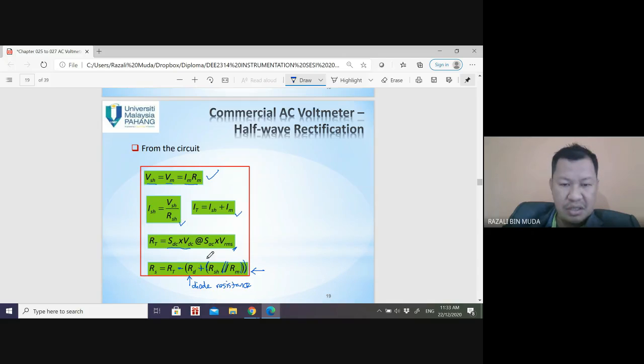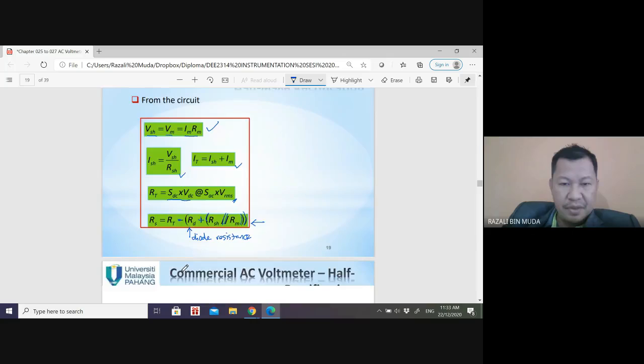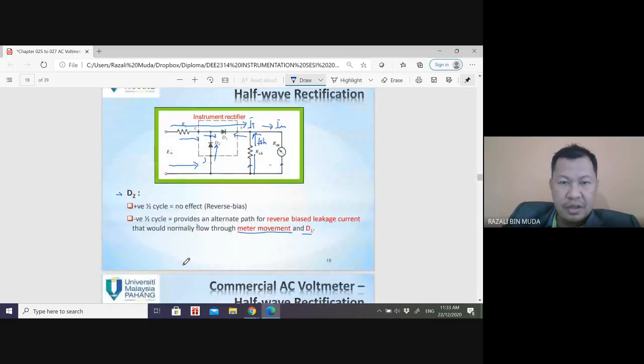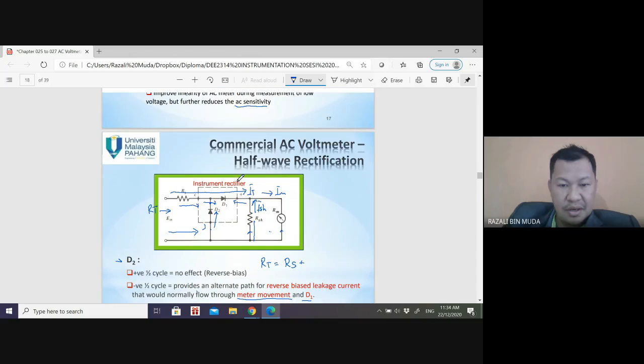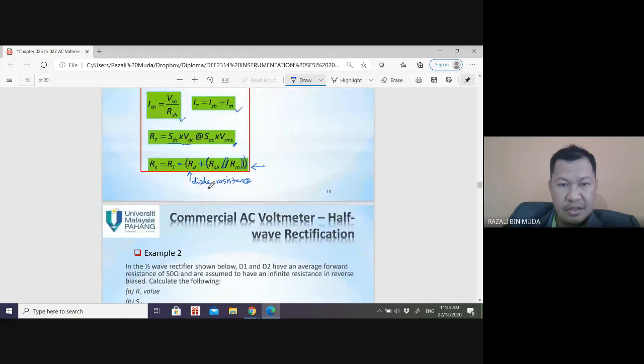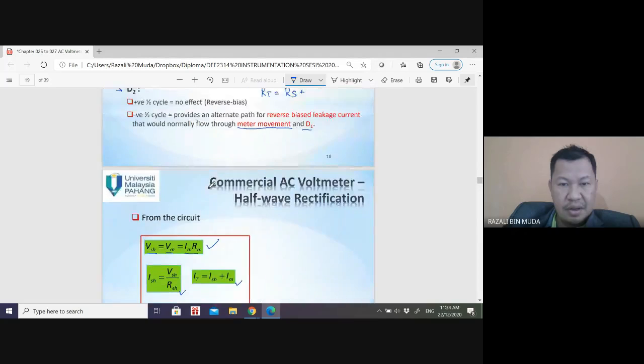So in this case, R total is RS plus RD plus RSH parallel RM.